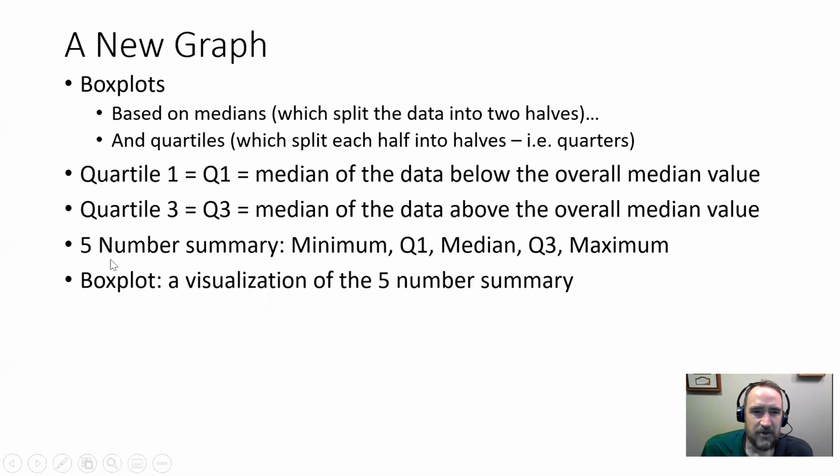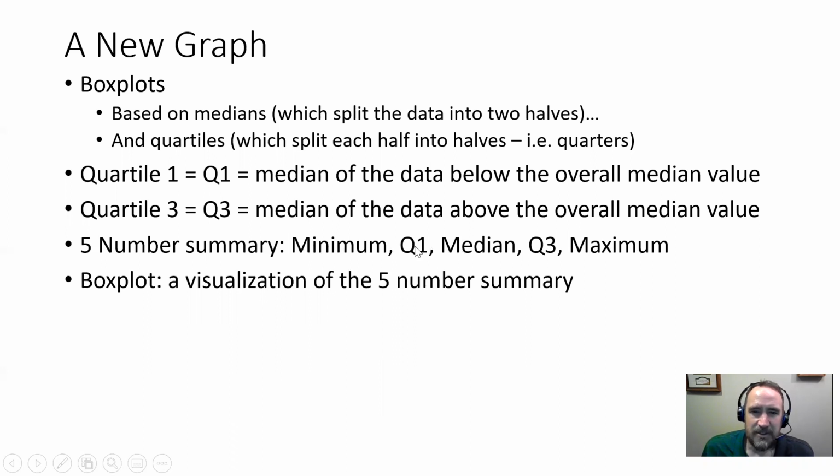We then have a 5-number summary if we throw in the min and the max along with our quartiles and our median. And this 5-number summary gives us a lot of information about a set of data. For example, knowing the min and the max tells us about the overall spread. Knowing quartile 1 and quartile 3 tells us where the bulk of the data is. Knowing the median tells us where the center is.